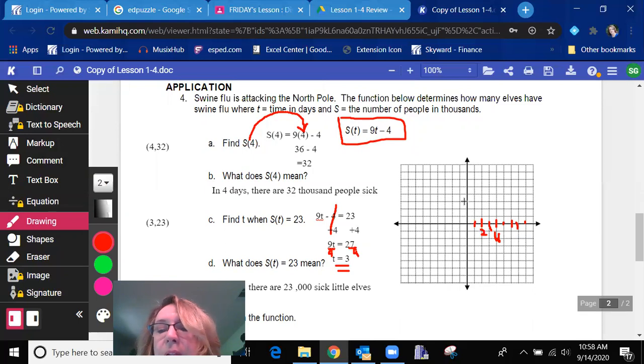Count by 10s, 5s? If I count by 5s, that's 10, 20, 30. I think I would count by 5s. You mean by 10s? But each box is 5, okay, I see. 5, 10, 15, 20, 25, 30. I don't like to write all the numbers.